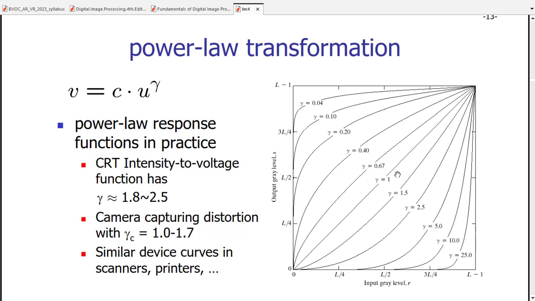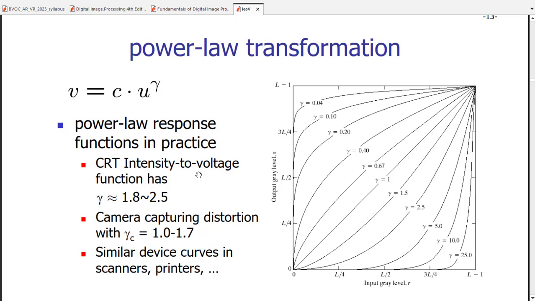Power law is u, the input level, with gamma as the power of transformation: c times u to the power gamma. In practice, the power law transformation function relates intensity to voltage, with gamma approximately 1.8 to 2.5.